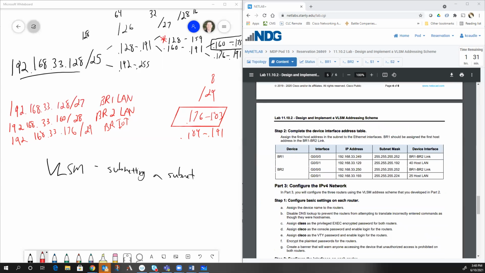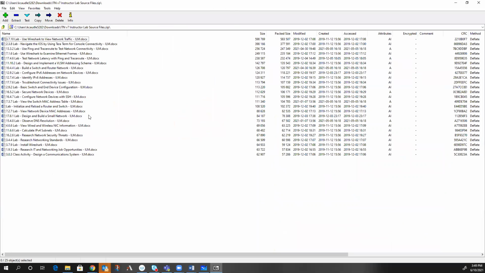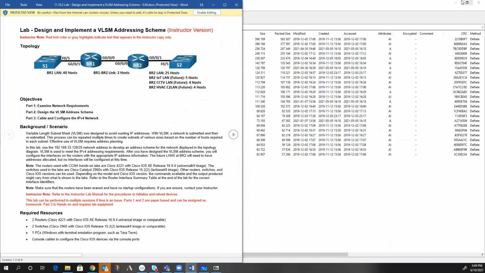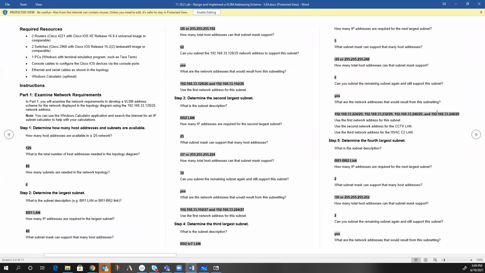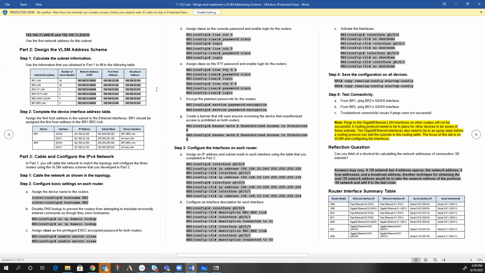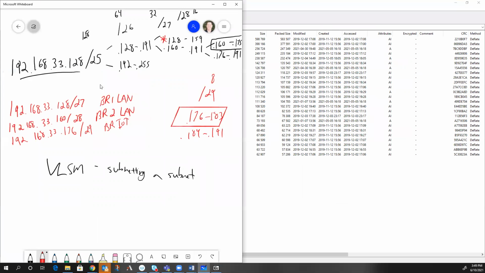Now this one, I do know for a fact. The good news will be down the road, once you get fully accredited, this lab is definitely inside of your answer sheets. Most labs have answer sheets, so you'll be able to go in here and look to make sure you've got the right networks. You can see here, BR1 LAN is the 128/25. BR2 LAN is the 192/27. So if I got that, yep.